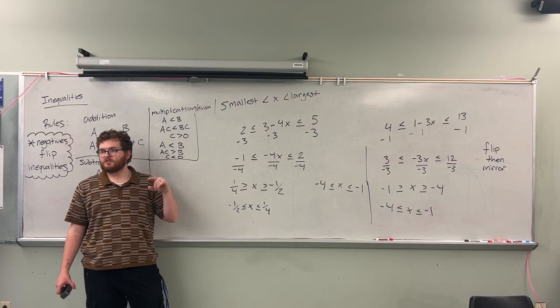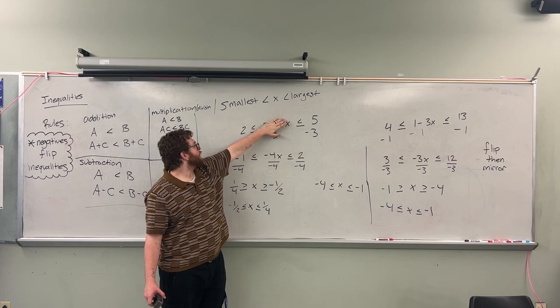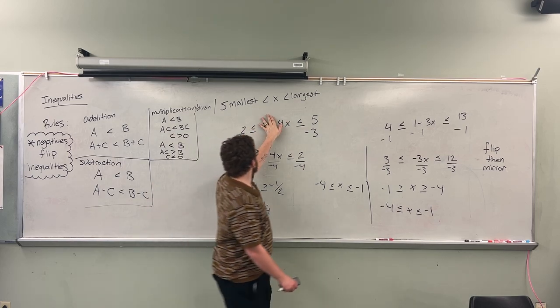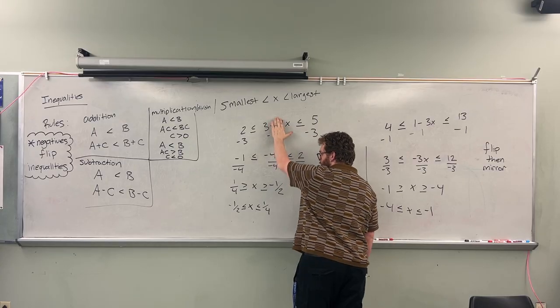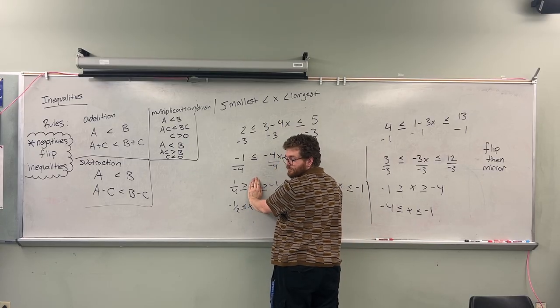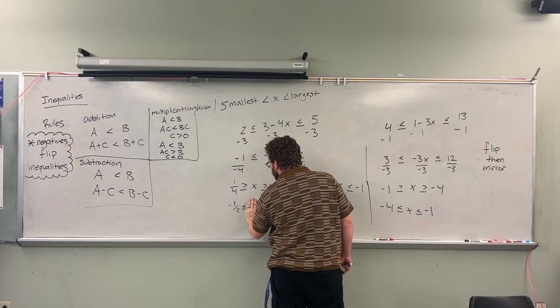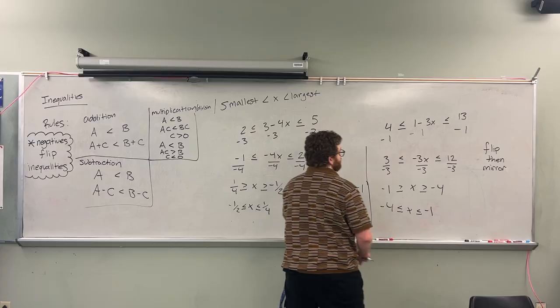Compound inequalities should always be true if I remove the middle part. Here, removing the middle, I get 2 less than or equal to 5, which is true. Removing the middle part, I get 1/4 greater than or equal to -1/2, that's true. Removing the middle part, I get -1/2 less than or equal to 1/4, which is true.